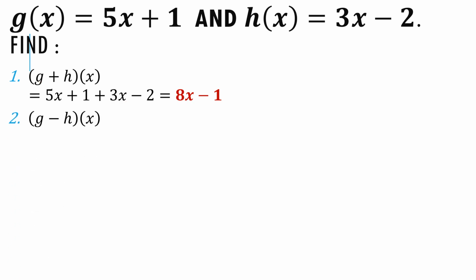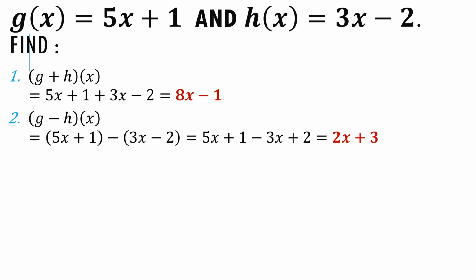Next, number 2. Okay, yung difference naman, g minus h of x. Again, kokopyahin nyo lang siya. Lahat-lahat, yung g and then minus yung h. Ang g natin, 5x plus 1 minus yung 3x minus 2. And then, ano ang sagot? So, dito kadalasan nagkakamali yung estudyante kasi yung minus. So, dito na nagiging 5x plus 1. Yan, 5x plus 1. Pero yung minus, i-distribute natin sa bawat terms na nasa loob ng parenthesis.